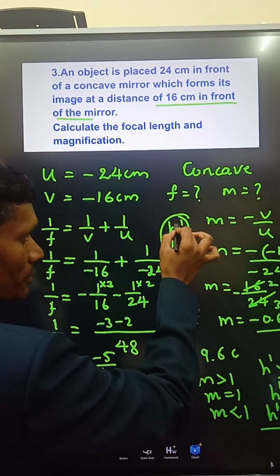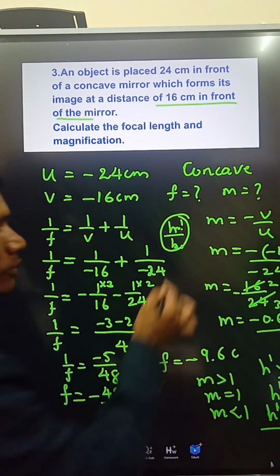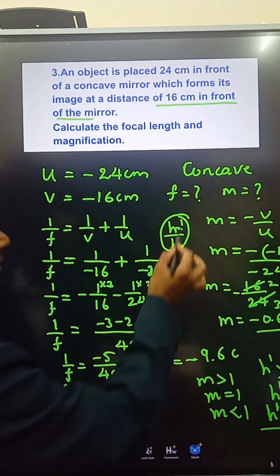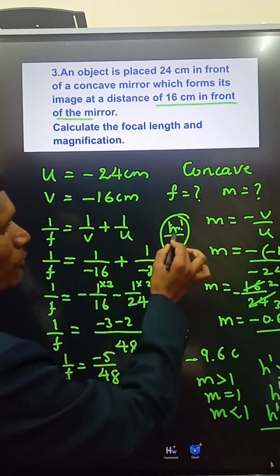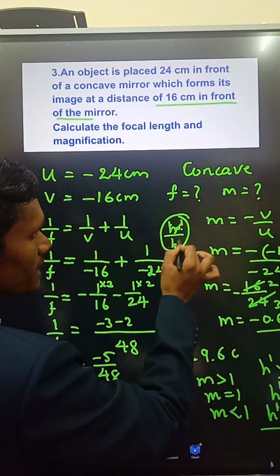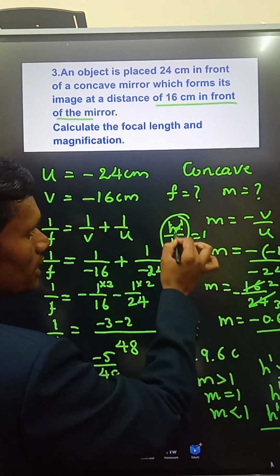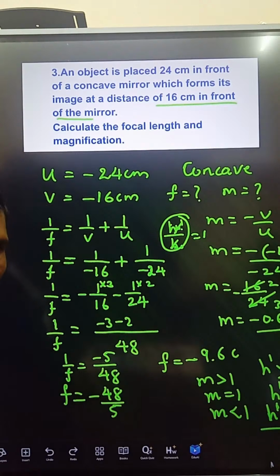If it is bigger, then it will be more than 1, so the image is bigger than the object. If both are equal, they get cancelled and it becomes 1, so both should be the same size. This is how we can decide. So this is all about magnification, right?